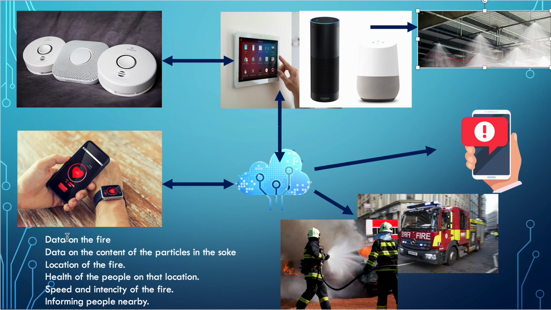I have made some notes here on using IoT to control or extinguish fire, right? The data of the fire can be taken, right? The smoke detectors can check how far and wide the fire has spread. Will it spread from floor to floor?